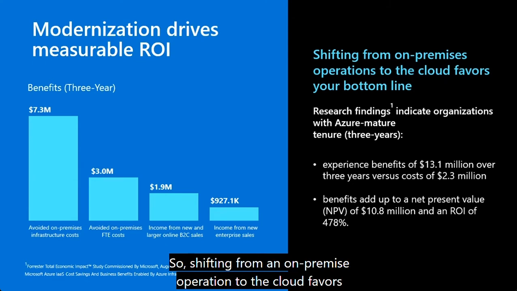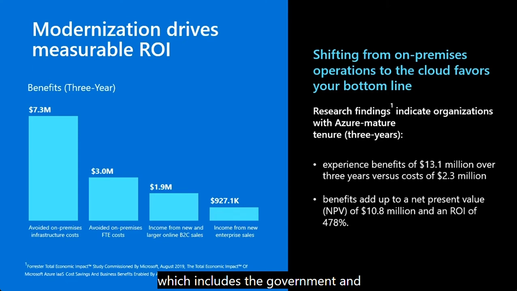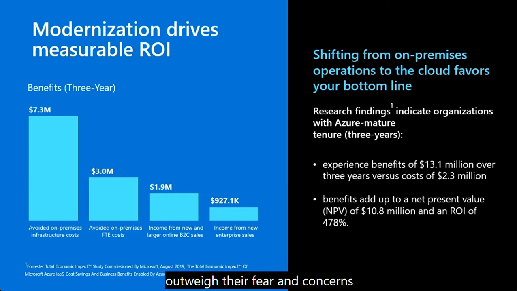So shifting from on-premise operations to the cloud favors your bottom line, and the research and the results are undeniable. Even organizations here in the country who have said that they will never go to the cloud, which includes the government and the banking sector, have just realized that the benefits far outweigh their fear and concerns about running things on the cloud.